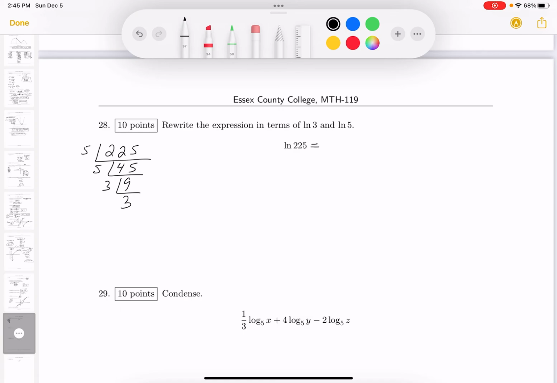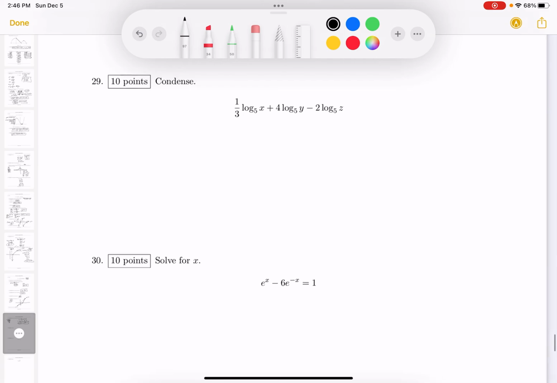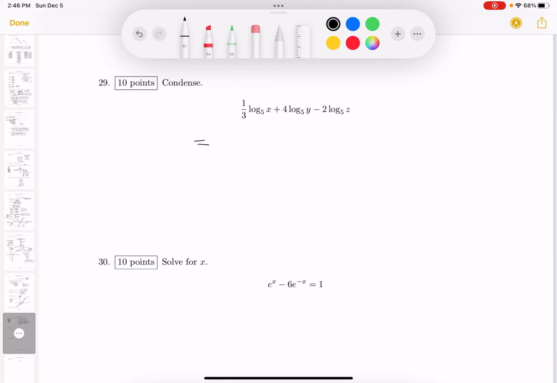So I could write this as the natural log of 5 squared times 3 squared. Well, I could continue to write this as the natural log of 5 squared plus the natural log of 3 squared. And I can write this as 2 natural log of 5 plus 2 natural log of 3. And we're done.